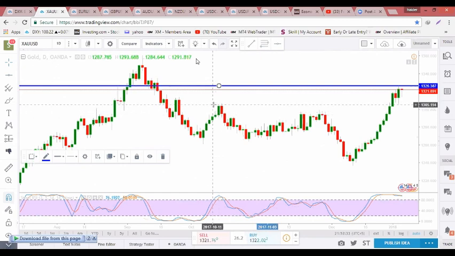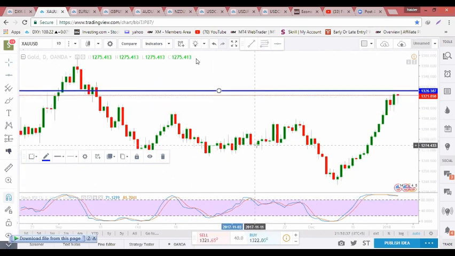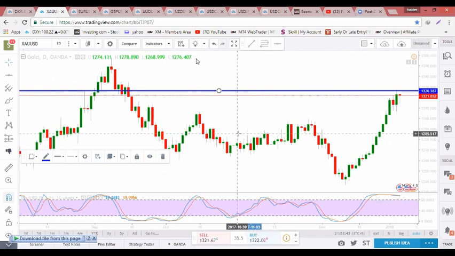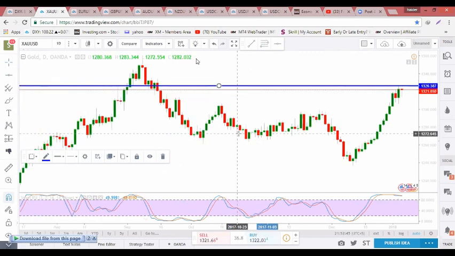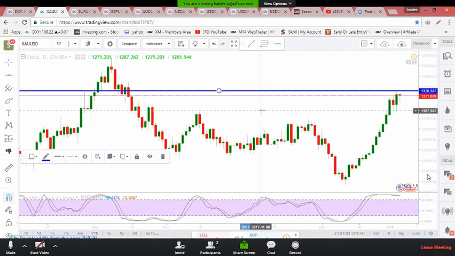But right now, it's forming like a doji, or not a doji. It's actually like a hammer candle, right? Yeah, an inverted hammer. So we can expect some retracement, but it's the market. We can never say 100%, but it looks to me like we can.